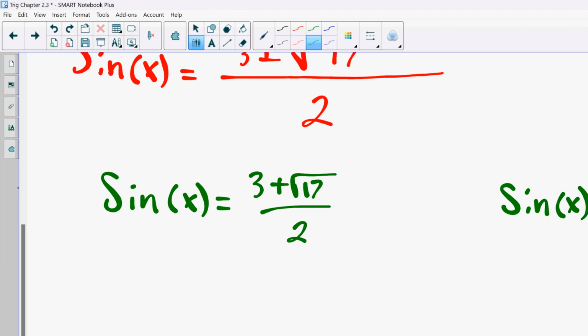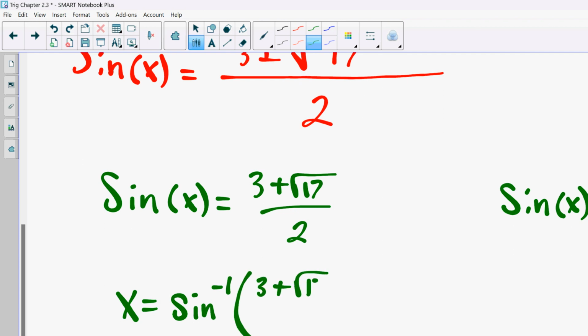Would it be safe to assume this is not going to be on the unit circle? Yeah. So we'll have to use our inverse functions. So we'll apply sine inverse to both sides, telling us that x is equal to sine inverse of 3 plus the square root of 17 over 2, and x is equal to sine inverse of 3 minus the square root of 17 over 2.